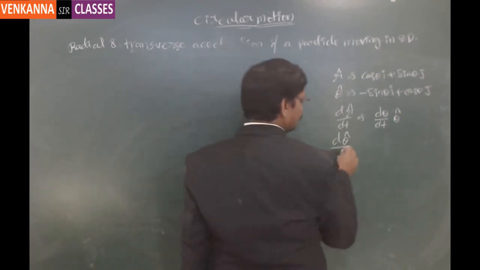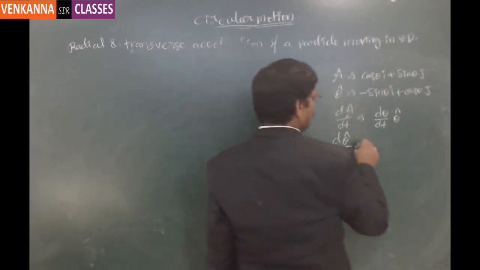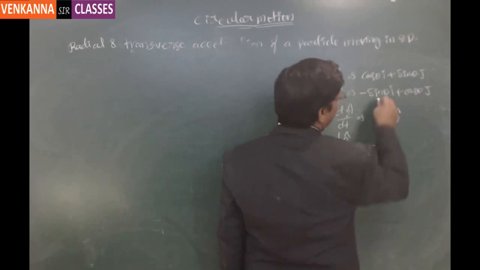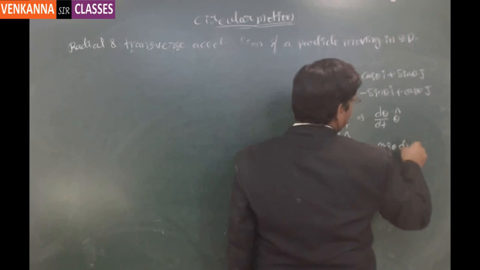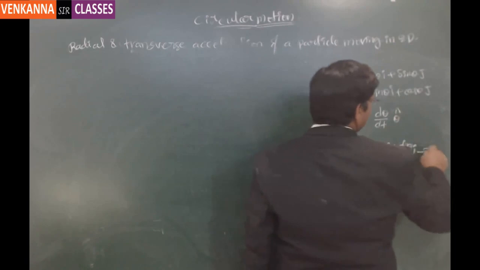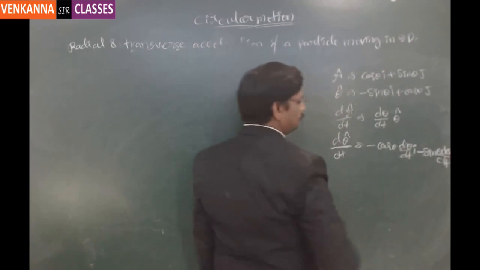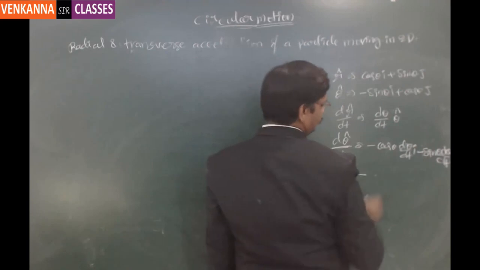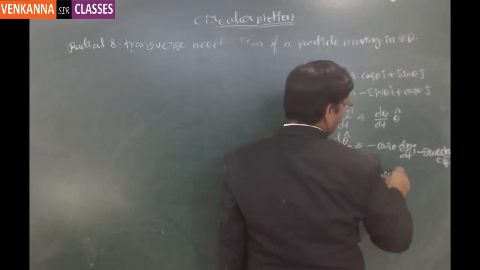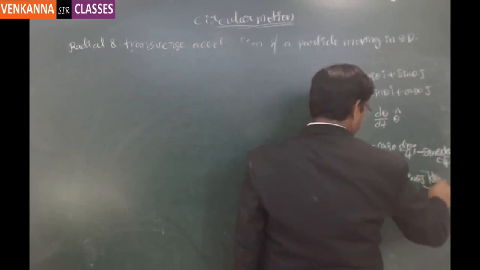Hence, as an upfront advantage, I am calculating d theta cap by dt. So this is minus derivative of sin theta, which is cos theta, into i into d theta by dt, plus derivative of cos theta, which is minus sin theta, into d theta by dt into j. So d theta cap by dt is minus of cos theta i plus sin theta j, times d theta by dt.